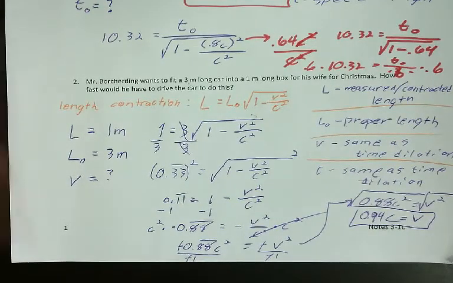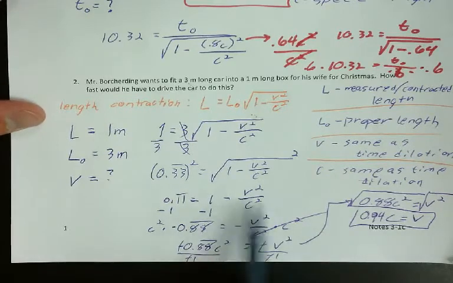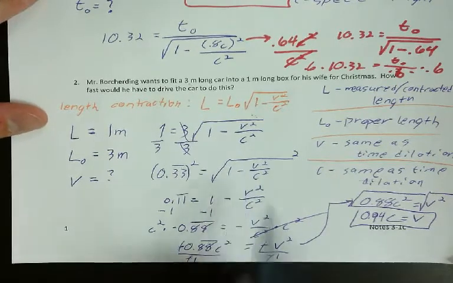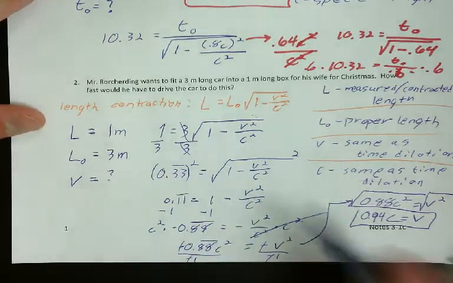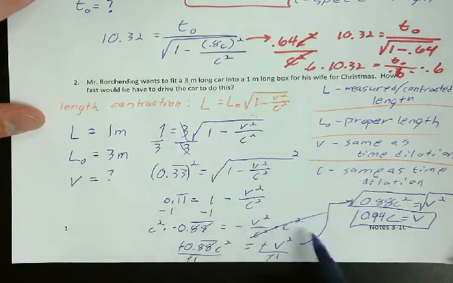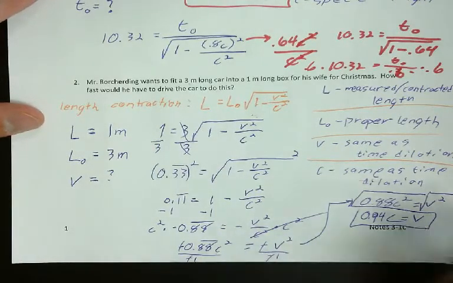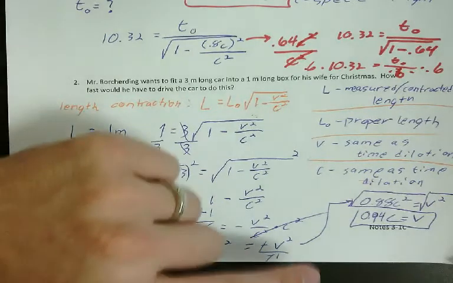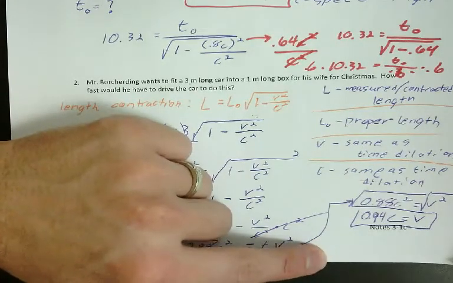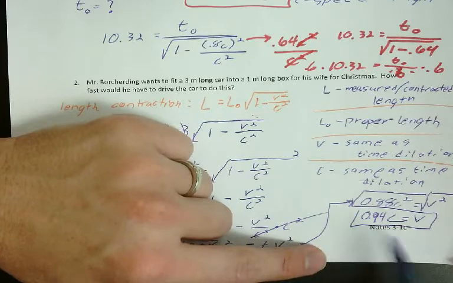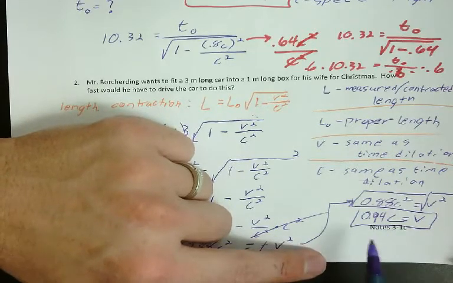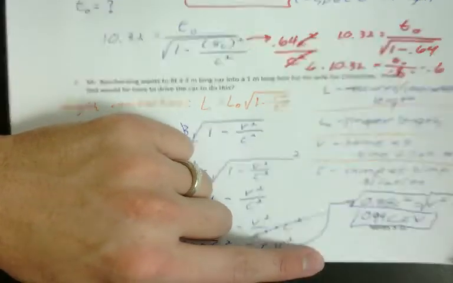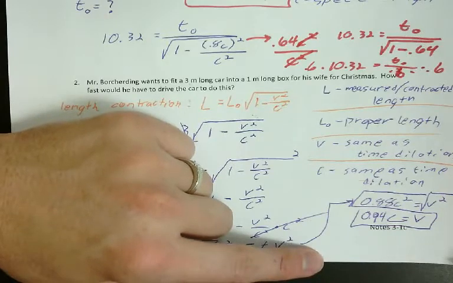That's why I left the c alone. I could have plugged in 3 times 10 to the 8th, but instead I left c all the way until the end when I square rooted both sides, and now I'm left with just 0.94c. So in order to have a 3-meter car fit in a 1-meter box, I had to travel at 94% the speed of light. Sweet. So there's your answer.